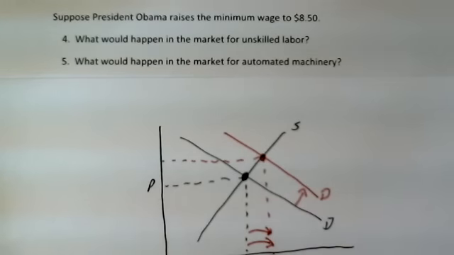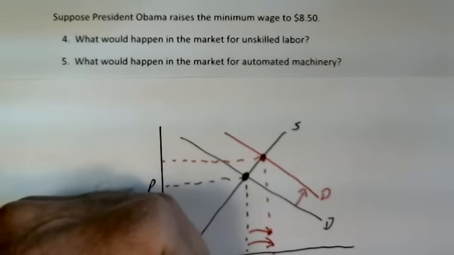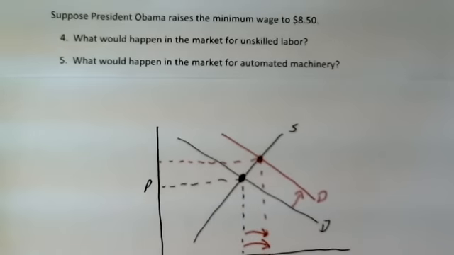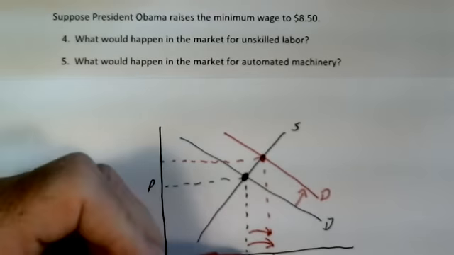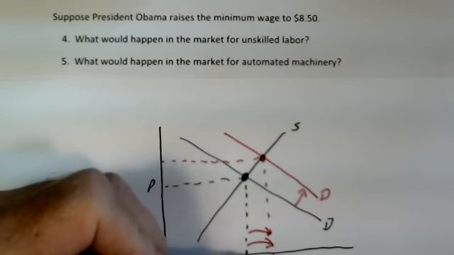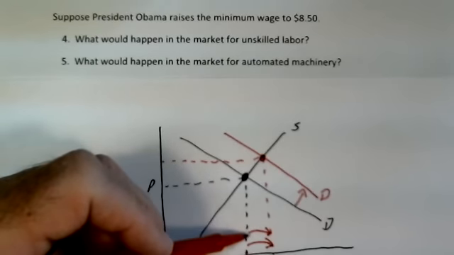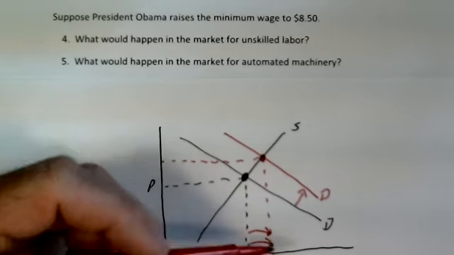The easiest way to see it is to recognize that the equilibrium quantity is the quantity where quantity demanded equals quantity supplied. So basically you have two equilibriums here. You have the original equilibrium, and the quantity demanded moves from here over to there to the new spot. And the same thing happens to the quantity supplied, because they were equal originally, and now they're equal again at the new equilibrium.